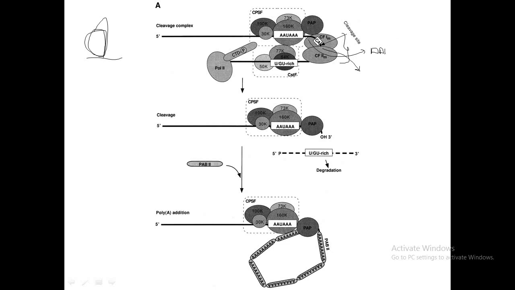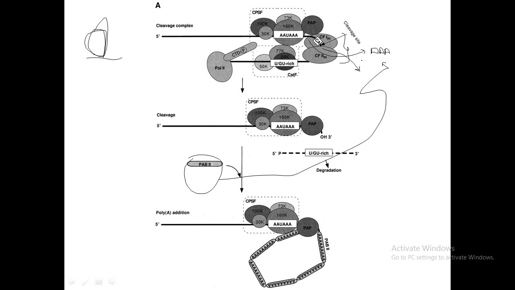This addition of the A tail by PAP is very slow, and it is further accelerated by the recruitment of the PAB2 protein. PAB2 stabilizes the PAP protein, and it also increases the processivity of PAP.